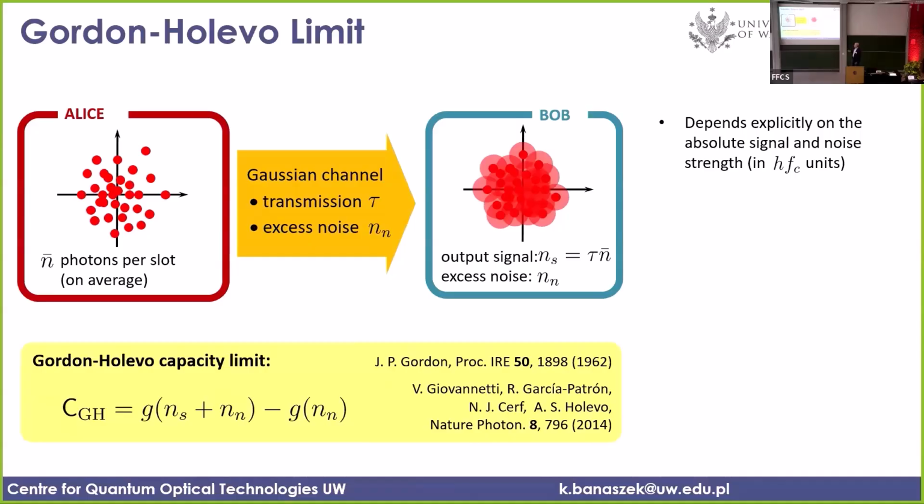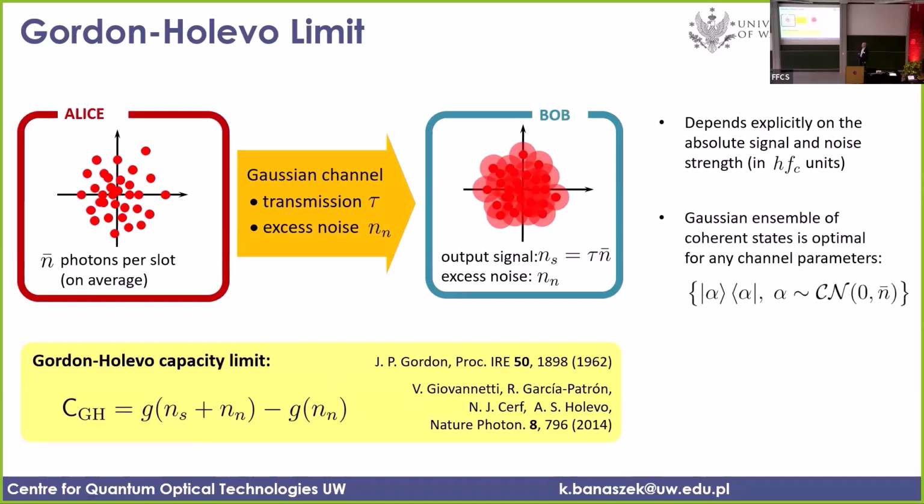The main point I would like to make here is that if you ask me what is the signal to noise ratio in this formula, I can't tell you. I can't really tell you exactly where this ratio comes from, because it depends both on the signal strength and the noise strength expressed in absolute photon number units. If you ask me what is the ensemble of input states, or what is the input constellation that saturates this limit for arbitrary channel transmission and for arbitrary excess noise, the answer in principle is very simple.